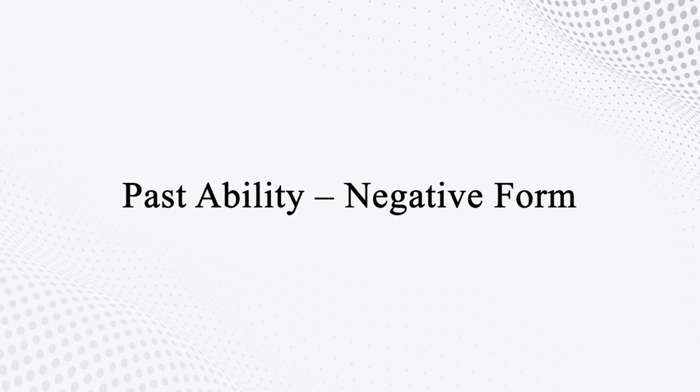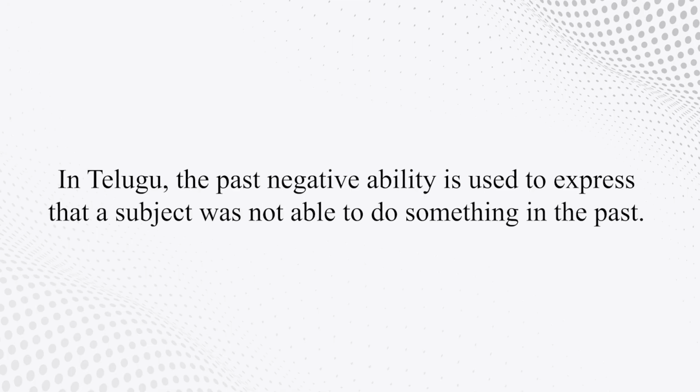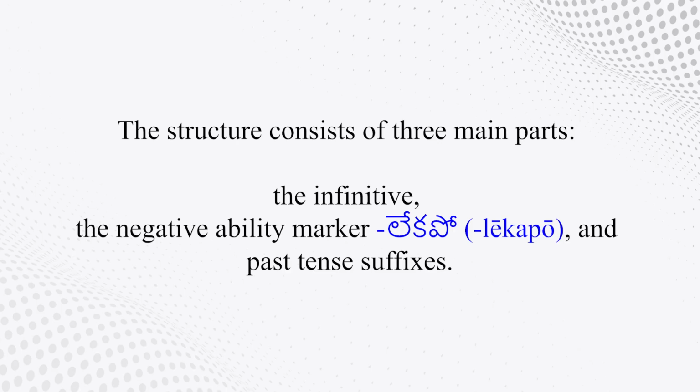Next one, past ability negative form. In Telugu, the past negative ability is used to express that a subject was not able to do something in the past. This form indicates that the action was impossible or that the subject failed to perform it. The structure consists of three main parts: the infinitive, the negative abilitative marker lekapo, and past tense suffixes.